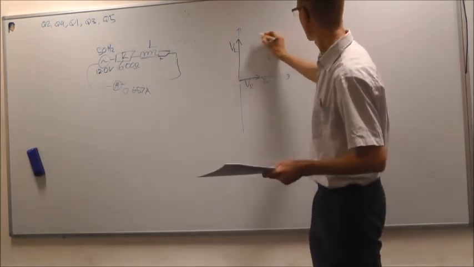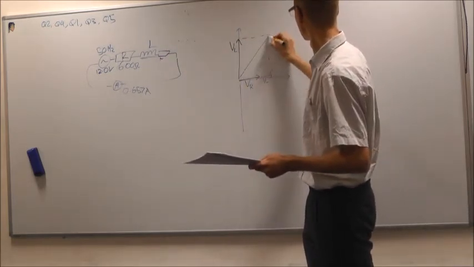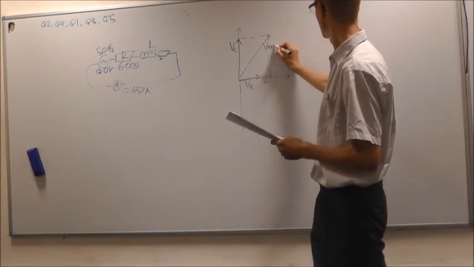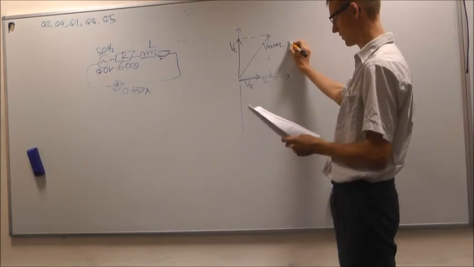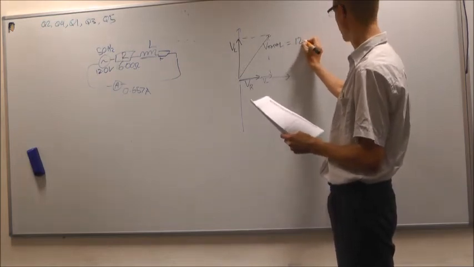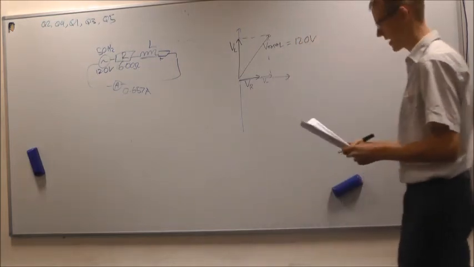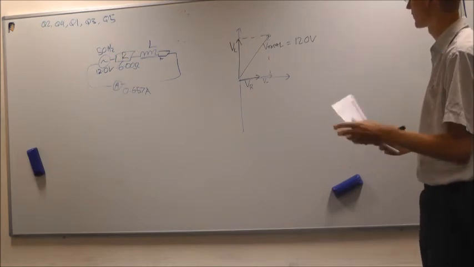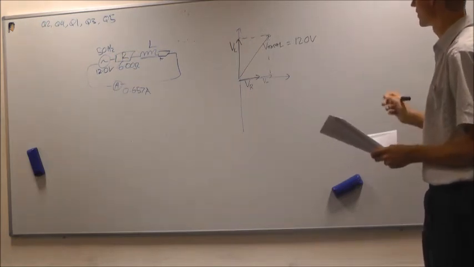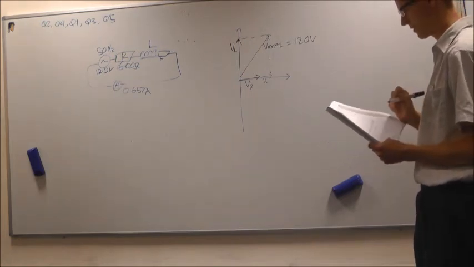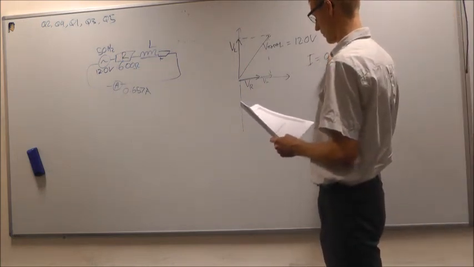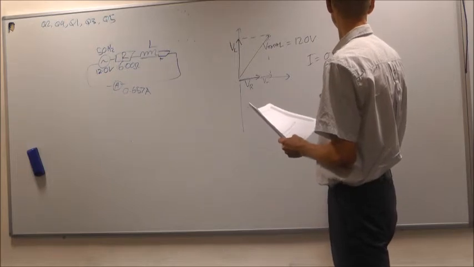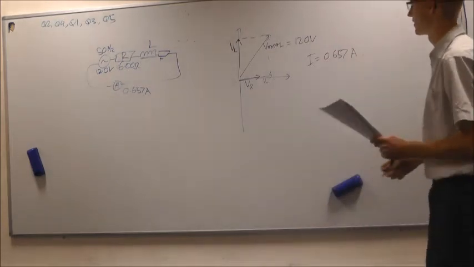If we add them together, that is our V total. And we know V total has got to be 12.0 volts. We also know that I total, or the current, is 0.657 amps.